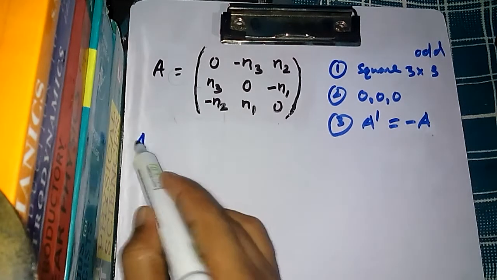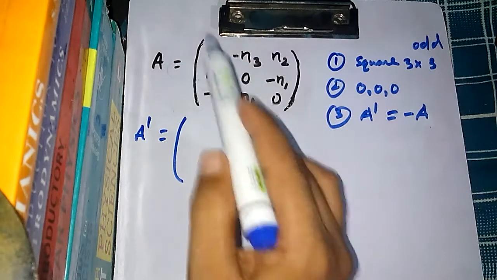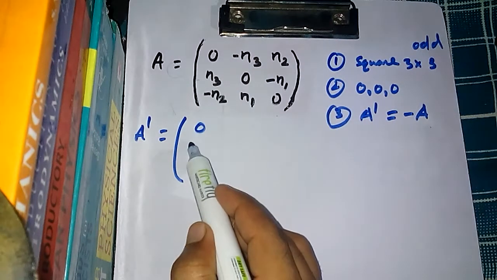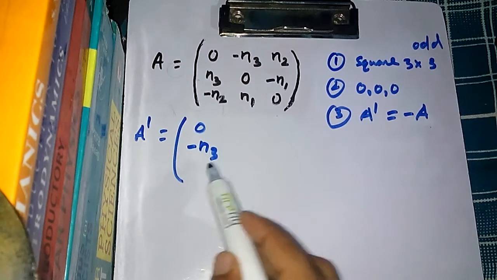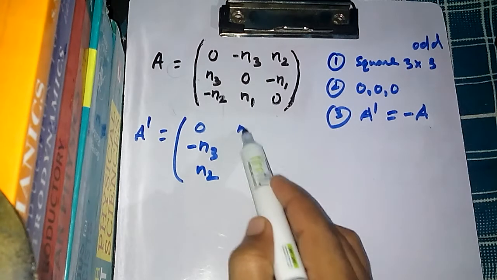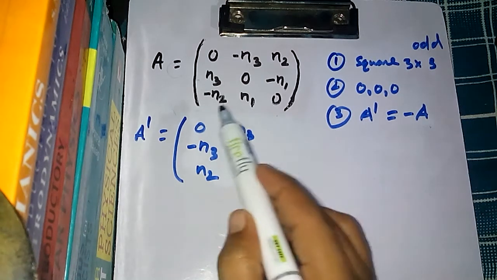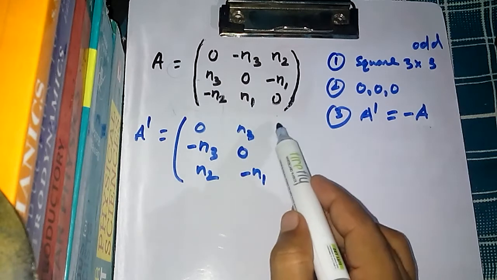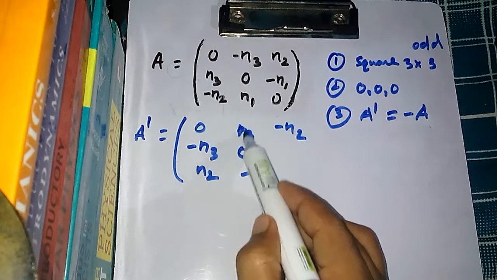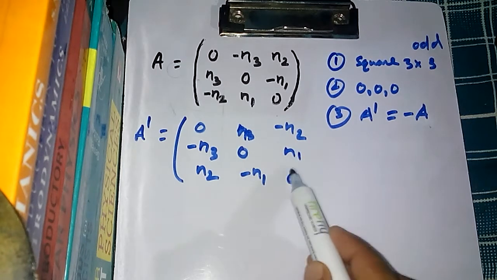So let us check that. If we do the transpose over this, then rows will be columns, columns will be rows, we know. So the first row will be the first column: 0, minus n3, n2. Second row will be second column: n3, 0, minus n1. And the third row will be third column: minus n2, n1 and 0.